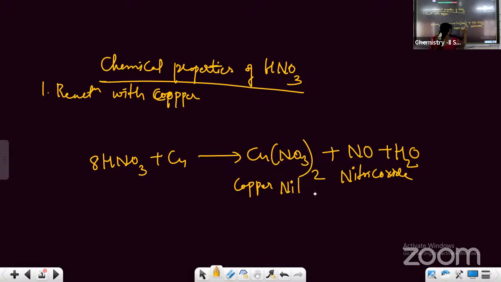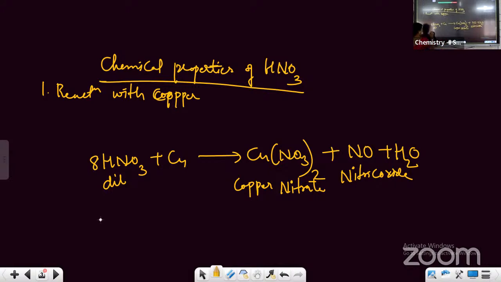Here we have taken dilute nitric acid. So when we take dilute nitric acid, this gives copper nitrate plus nitric oxide.